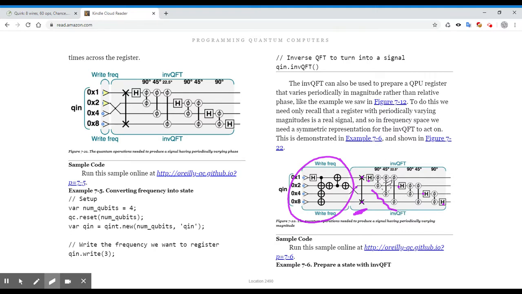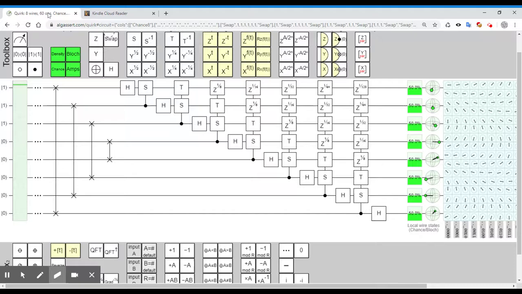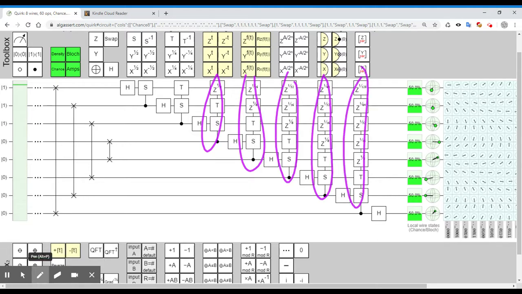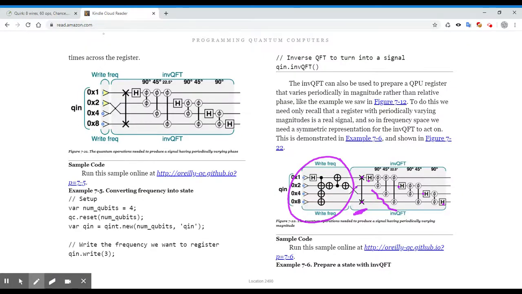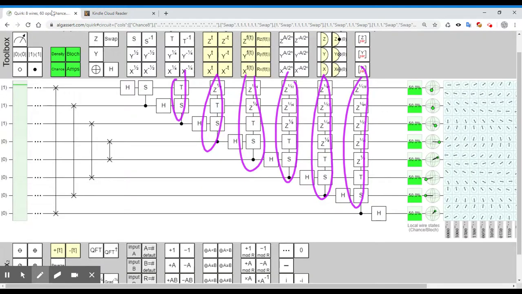So this will do 90 degrees, this will do 45 degrees, this will do 22 and a half degrees, etc. Those rotations are just compressed into one column each, so they are all huge control Zs with multiple targets. So it's kind of the same, it's just a matter of calling it inverse QFT or not. Okay, cool.